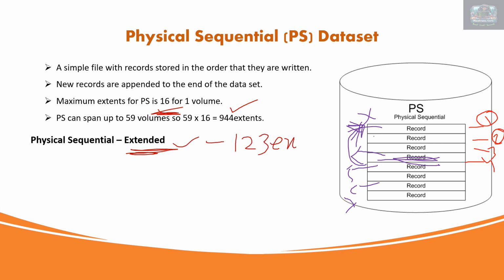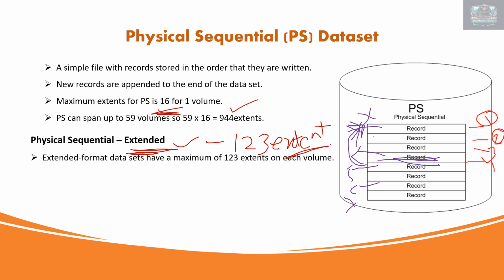Remember the word extents; I'll explain it in the next video. So it will go up to a maximum of 123 extents on each volume. But the physical sequential will go up to only one volume. So physical sequential extended can span up to 59 volumes with 123 extents, which is 7257 extents.